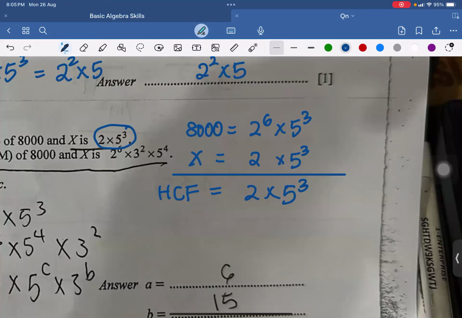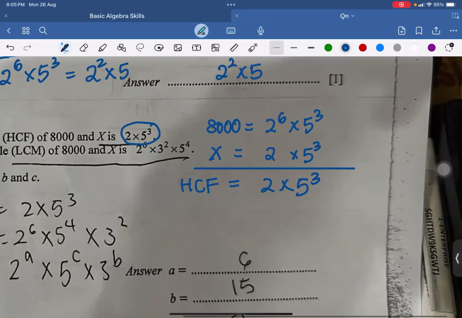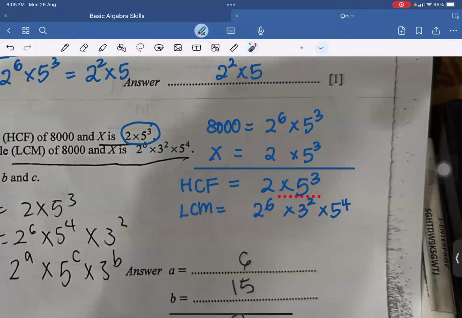Start off only. Next, they say the LCM is 2 to the power 6, 3 square, 5 to the power 4. Let's consider the LCM. If LCM is 2 to the power 6, this part over here already has 2 to the power of 6. Do I need to add any more power to x?